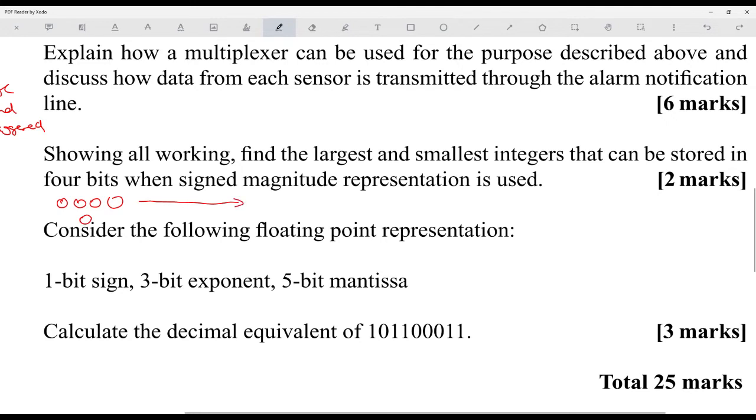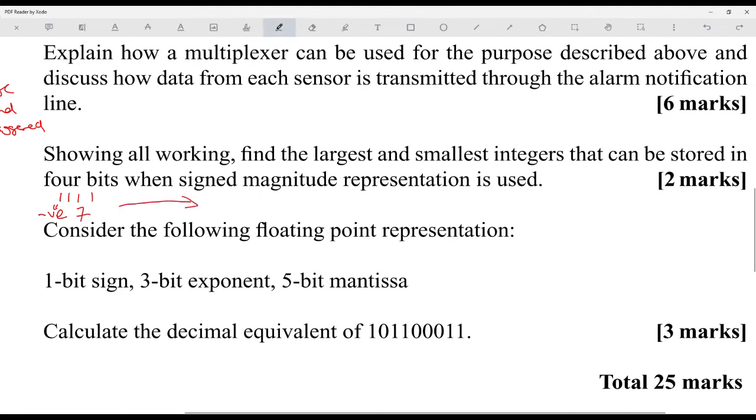The smallest number that I could represent is 1, 1, 1, 1. That means this is negative because of the sign bit here. And the number there is 7. So negative 7 is the lowest.